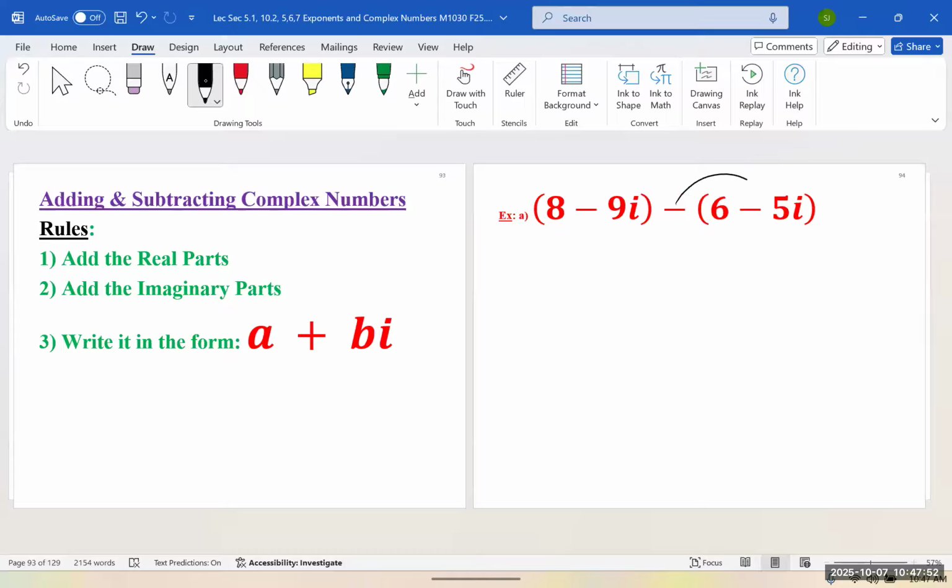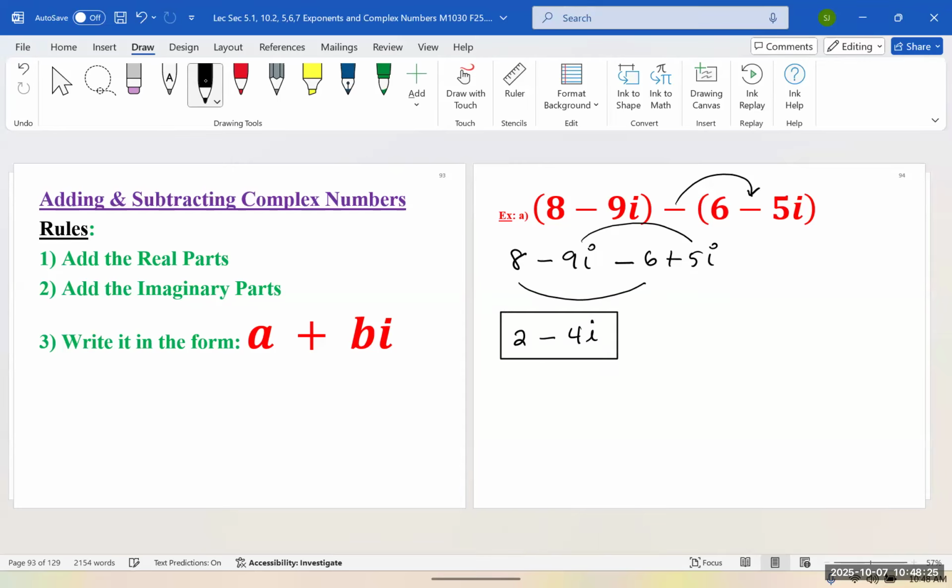Distribute. Since you're subtracting, your sign will change for the second complex number. The first one doesn't have any problem, 8 minus 9i straight. But when you distribute a negative sign, you get negative 6 plus 5i. Combine like terms. 2 minus 4i.